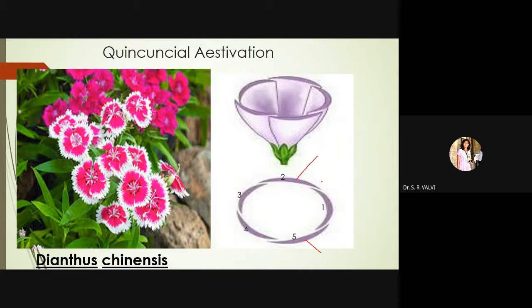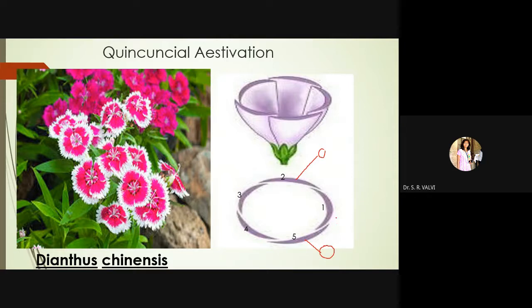Just look at both the ends and compare with the other sepals, means sepal number 1, 3 and 4, right? You can even look at sepal number 5 and compare it with sepal number 1 and 4. If you look at sepal number 2 and 5, both these sepals are completely out, means both the ends are present outside, right?